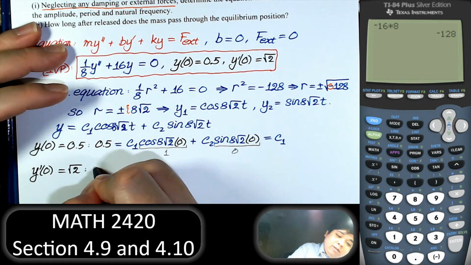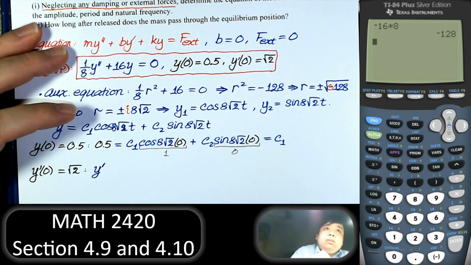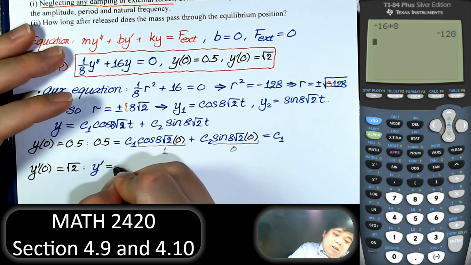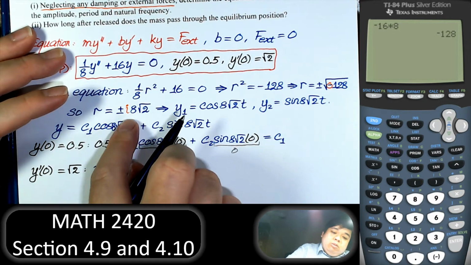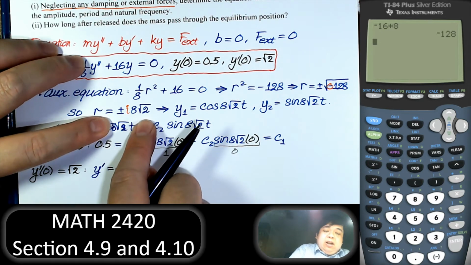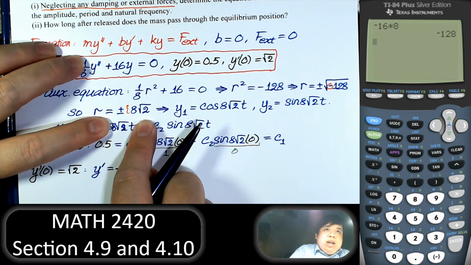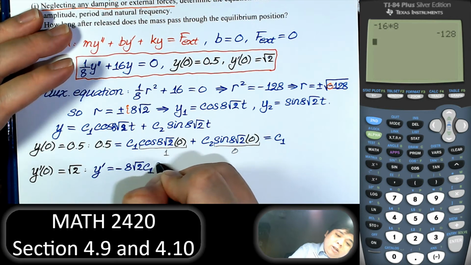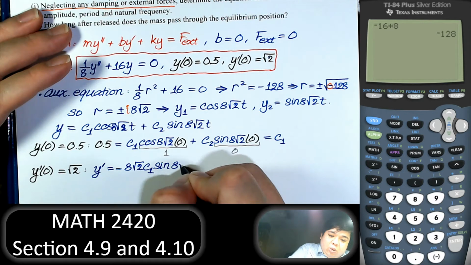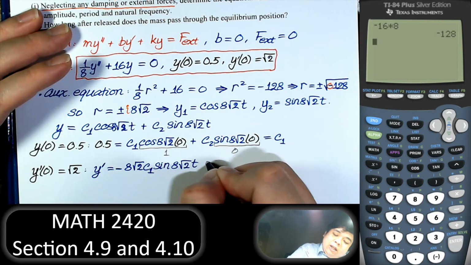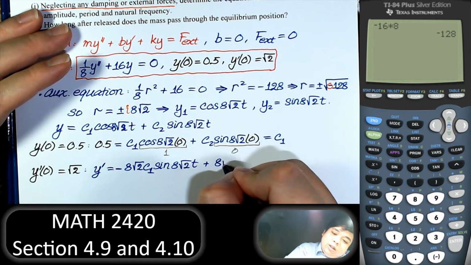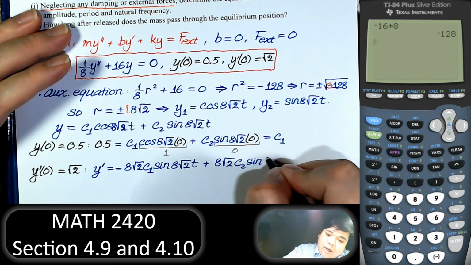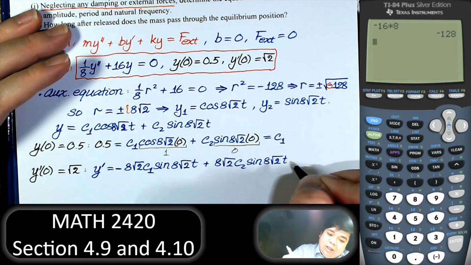Just take the derivative. y prime will be equal to the derivative of cosine is negative sine, and then we take the derivative of the angle, so 8 square root of 2 c1 sine 8 square root of 2 t plus 8 square root of 2 c2 sine 8 square root of 2 t.